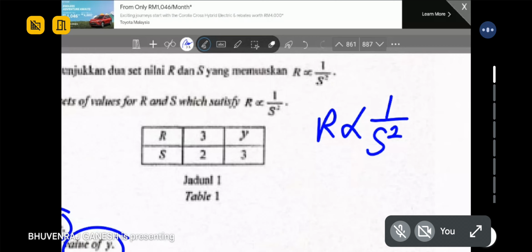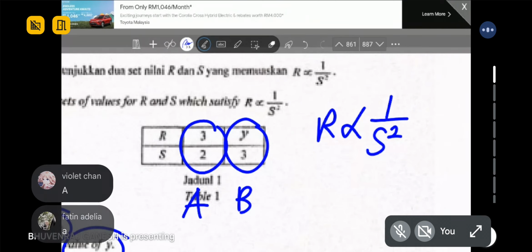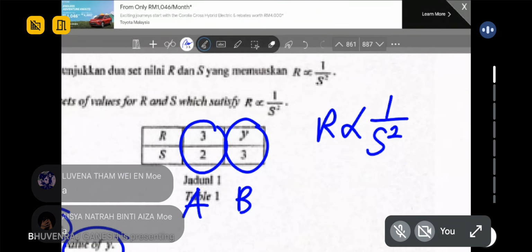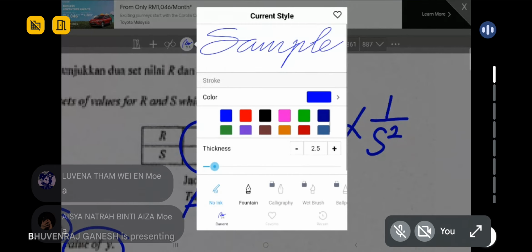Okay, so let me see. Okay, so you guys will use this one or this one first? Info mana yang kamu guna dulu? A or B? Yes. Okay, you always use the information which has full info.